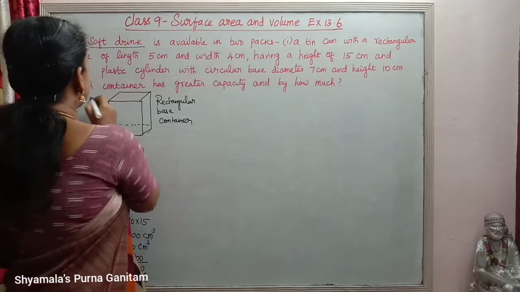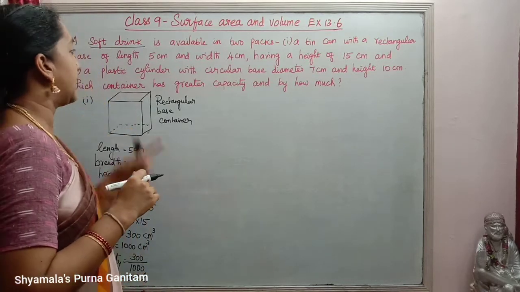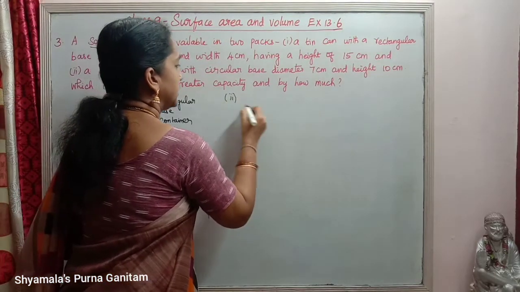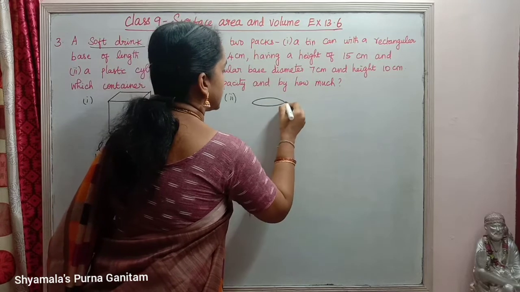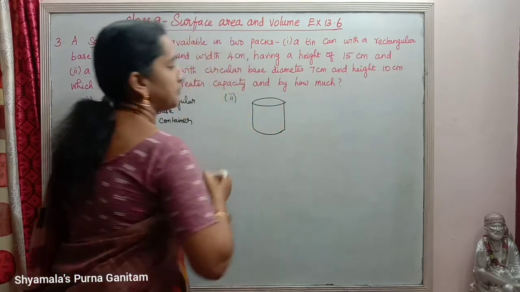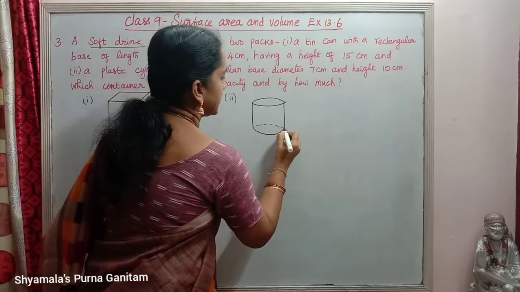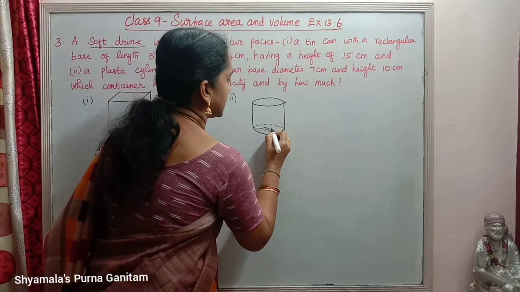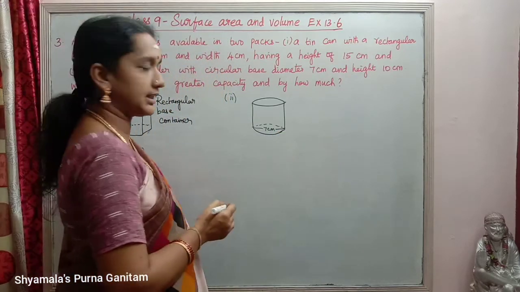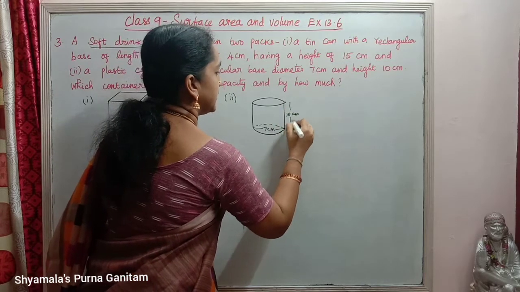Now, this is the first one. Then the second one is a plastic cylinder with circular base. The shape of that soft drink bottle is a cylinder with a base diameter of 7 cm and height of 10 cm.